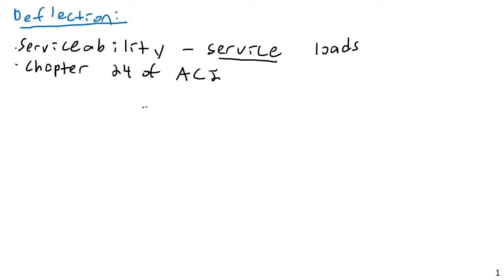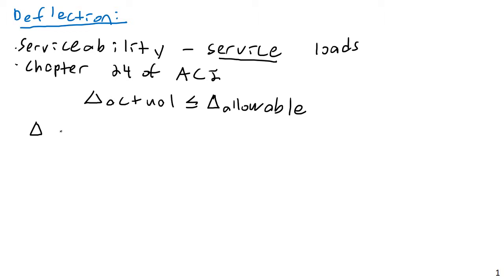And we're going to use the exact same approach of delta actual is less than or equal to delta allowable, the same thing as we did when we looked at steel beams. And so the allowable deflection is actually fairly simple. You can find your ratios, your L over 240, L over 360, L over 120, depending on what you're allowed to use.